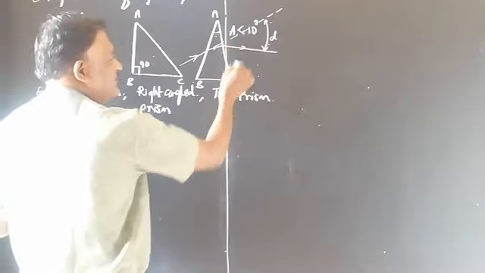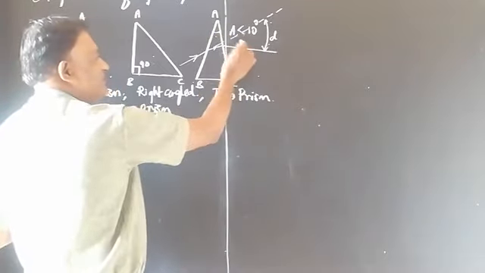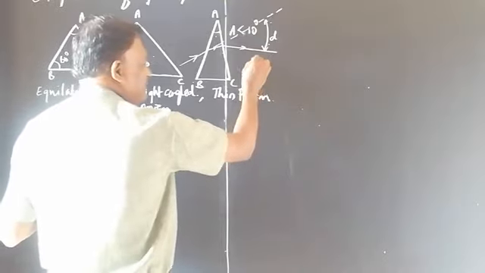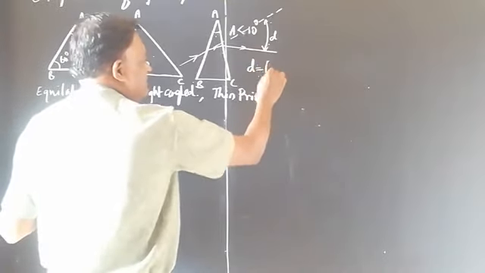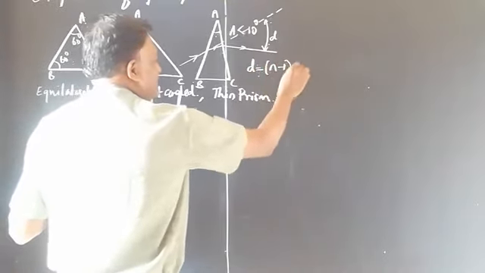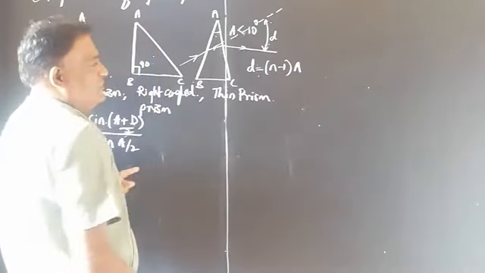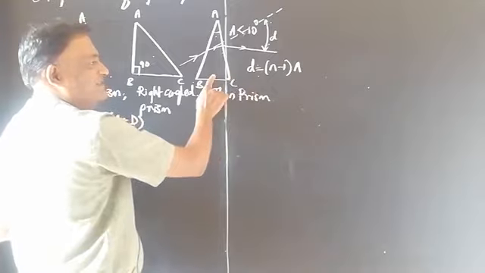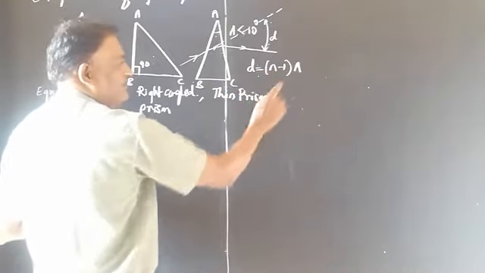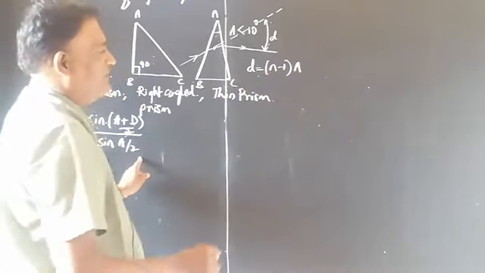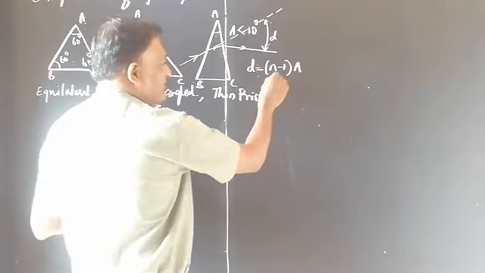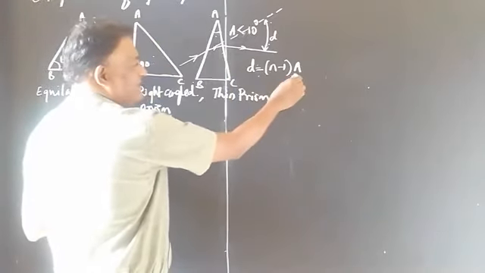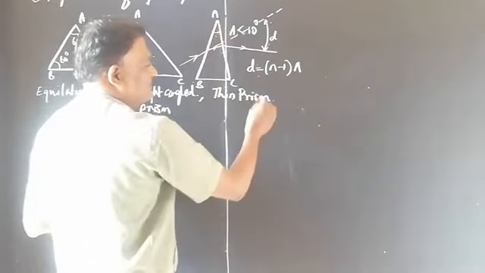For the case of a thin prism having the angle of the prism less than 10 degree, it is given by n minus 1 times A, where n is the refractive index of material of the prism, A is the angle of the prism.